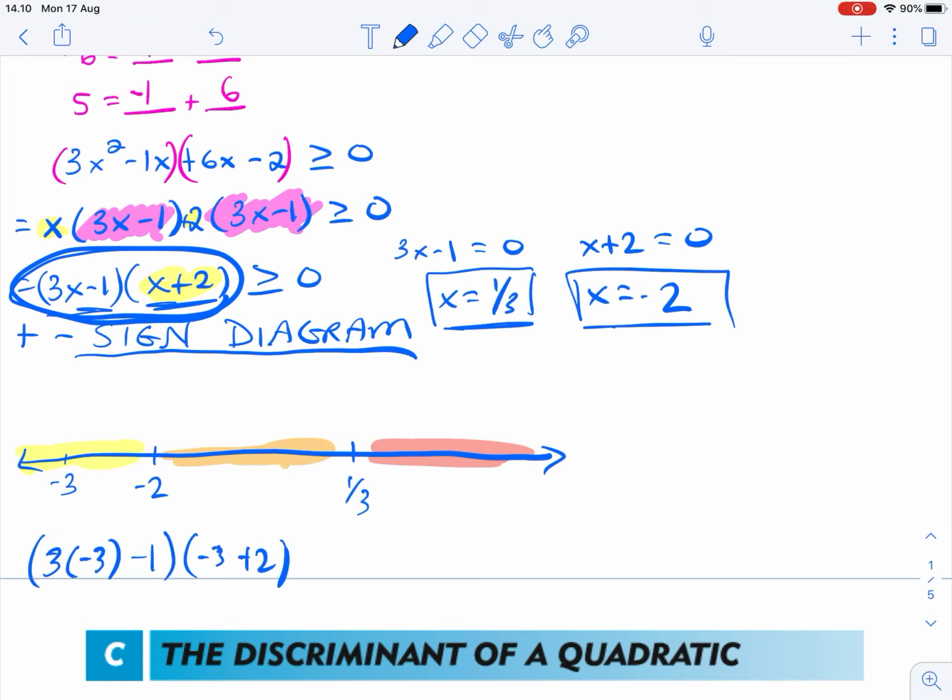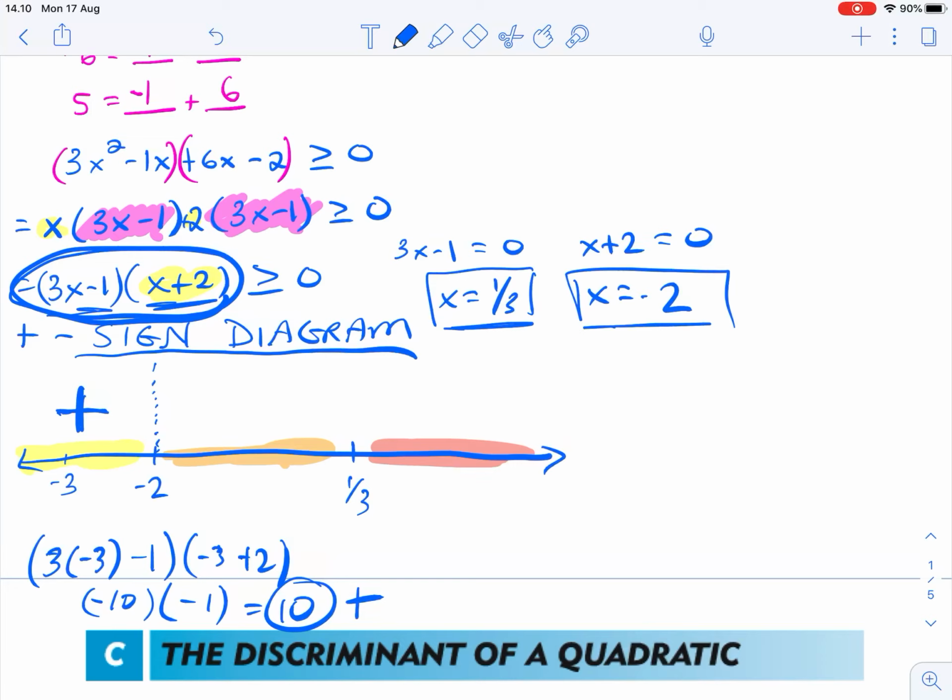That gives me negative 10 times negative 1, which is a positive 10. So that number is positive, so I'm going to put a plus sign. What that means is everything to the left of negative 2 will be positive, greater than 0.